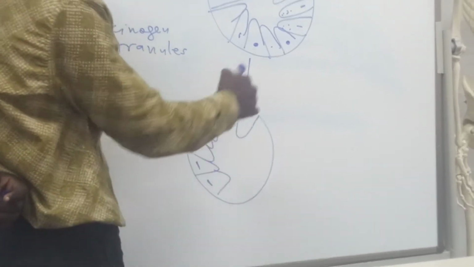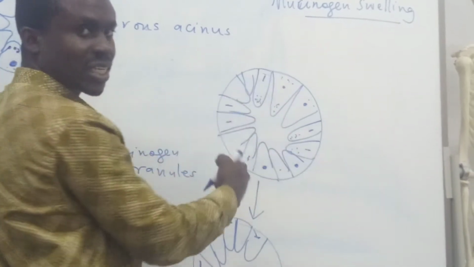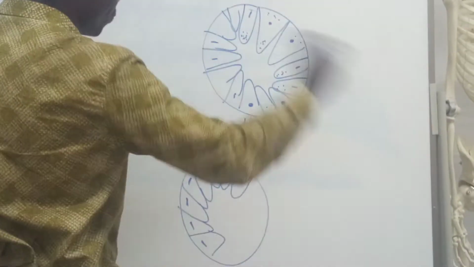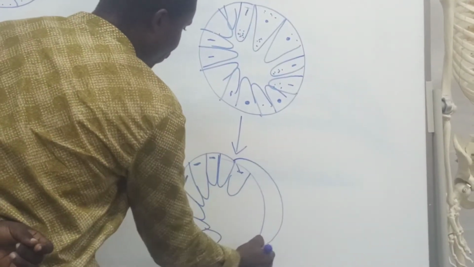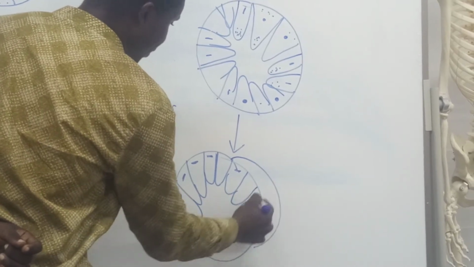When that happens, the serous cells will also be pushed peripherally so that they form a cap of cells.